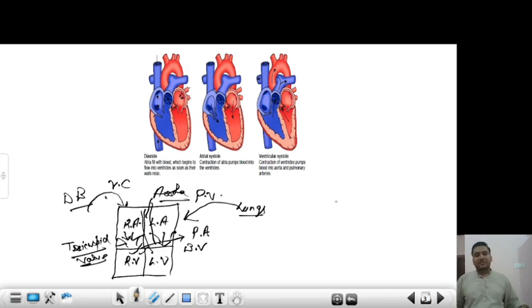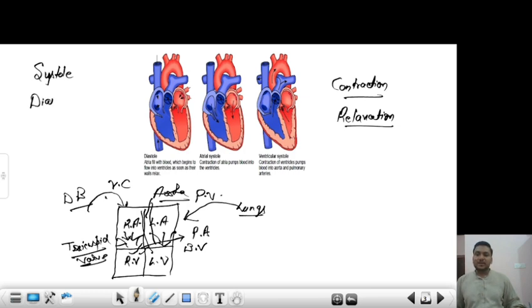So we see that there are certain contraction and relaxation phases in the heart which are responsible for the pumping of the heart. The contraction of the heart is known as systole, and its relaxation is known as diastole.